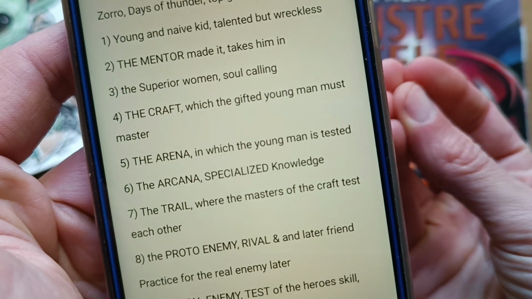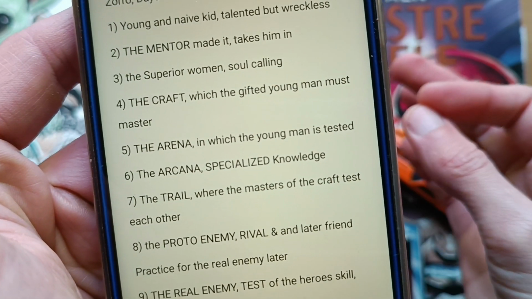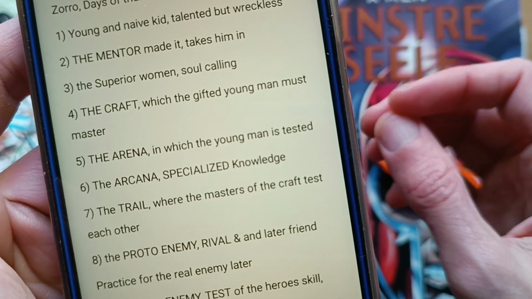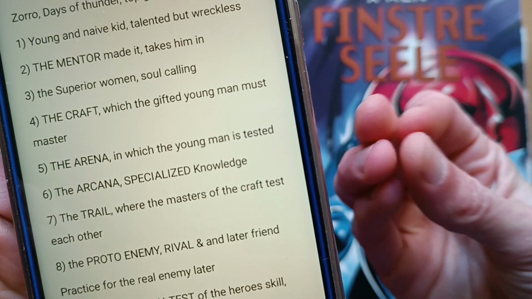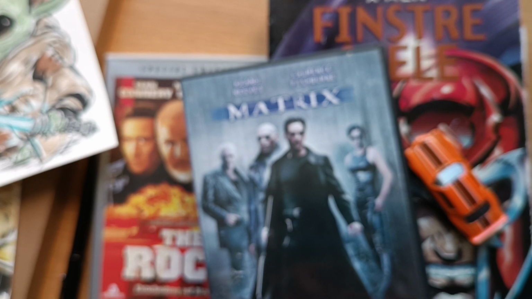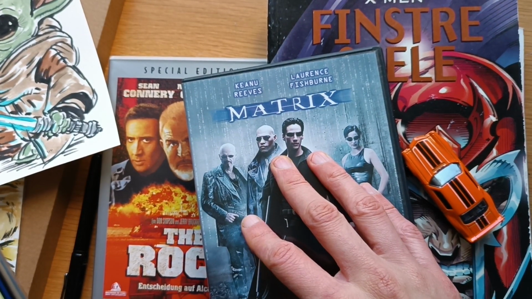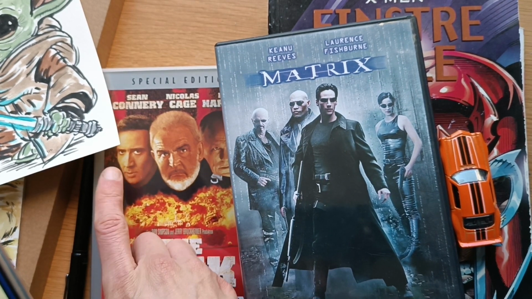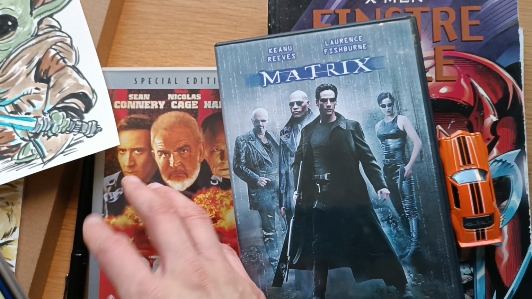Then there is the arcana, the specialized knowledge. In Star Wars there is the specialized knowledge, the knowledge about the Force, trusting your intuition. In the Matrix, it's also here. It's about knowing the rules of the game and how you can bend them. Here, Sean Connery knows about the poison gas.